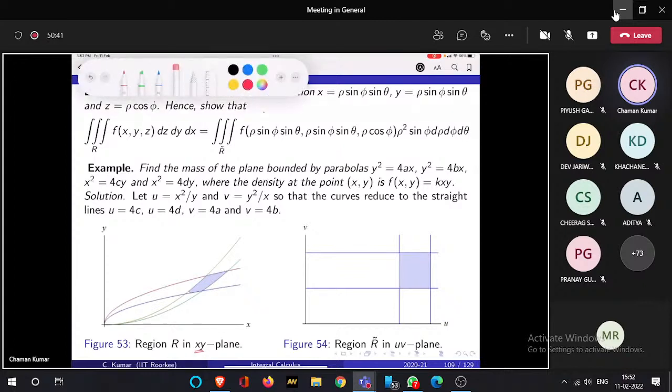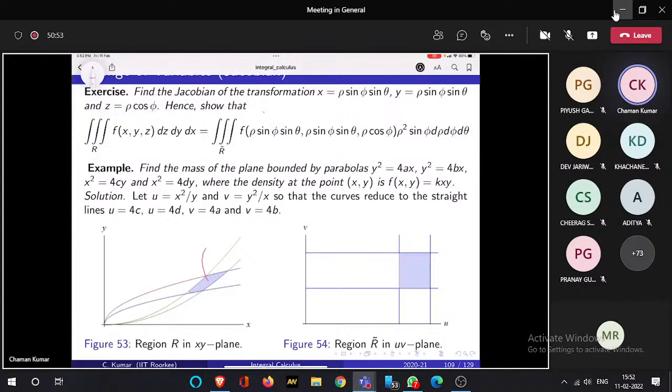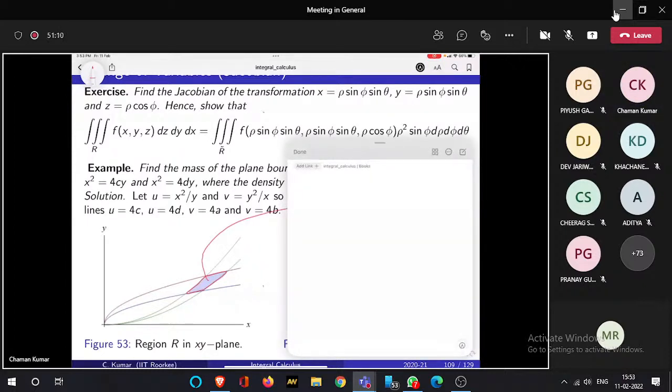Complicated is also a relative term, but when I say complicated, it means you need to work a little bit more as compared to this rectangle. So this shaded region, by this transformation, is transformed to a rectangle. This was the shape we had in the xy plane. So this shape by this transformation becomes a rectangle. What is going on?